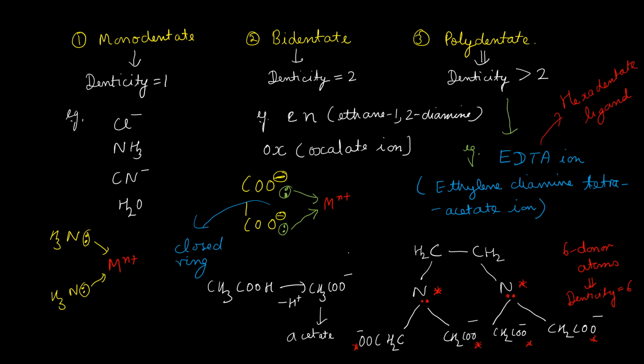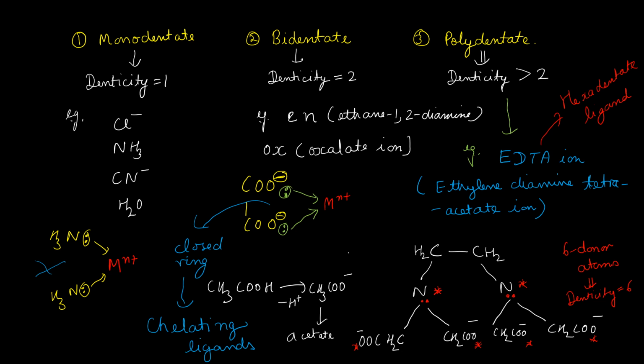In this case also, if all these donor atoms are involved in bonding at a time, then several closed ring-like structures will form. If a closed ring-like structure is formed, then that ligand is also called a chelating ligand. So chelating ligands are those which make a closed structure by making coordinate bonds with the central metal ion. And this is not possible at all in case of monodentate ligand.